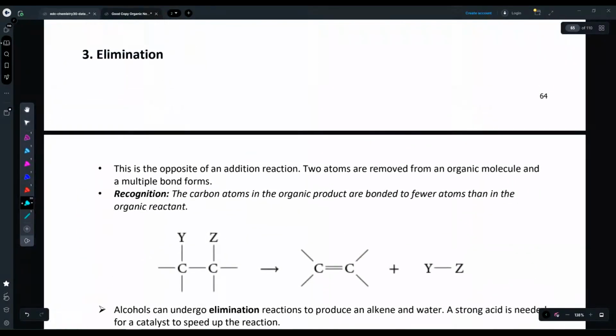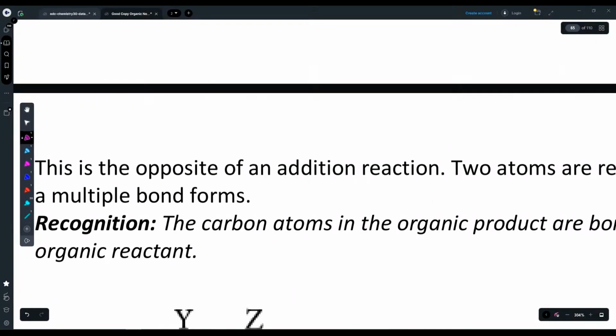Elimination reactions are essentially the opposite of an addition reaction. Two atoms are removed from your organic molecule and a multiple bond forms. What that means is either a double or a triple carbon-carbon bond is going to form.